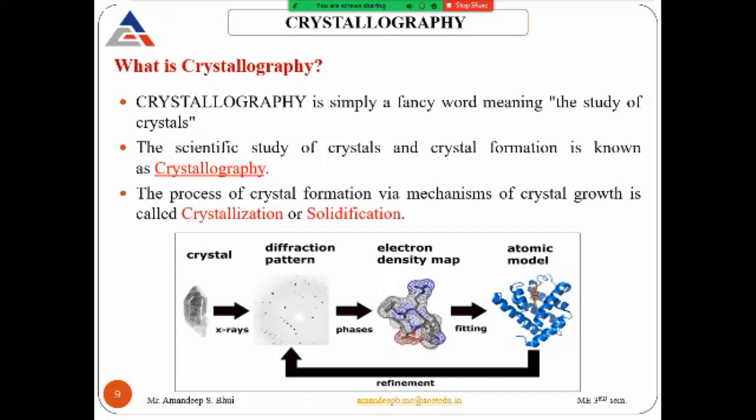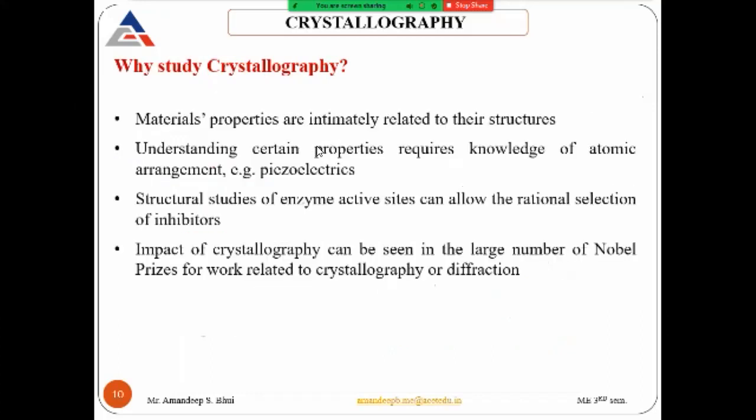After studying through the X-ray diffraction, we can go back and see where we can modify or refine that crystal so that a monocrystal or the required orientation of atoms can be achieved. So that is crystallography.